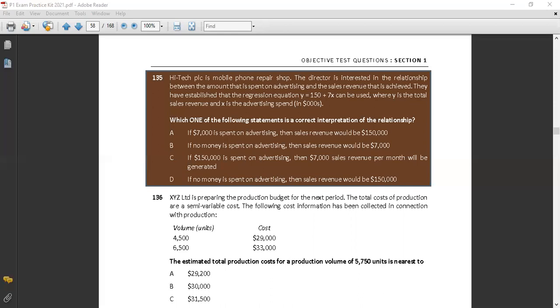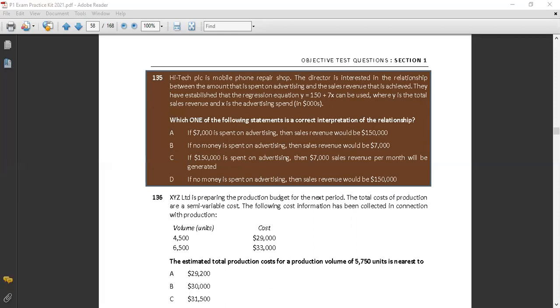See, in the exam we have to test all of the options. If 150,000 is spent on advertising, 7 into 150. What did I say? 7 into 150 plus the regular 150,000 is also there.